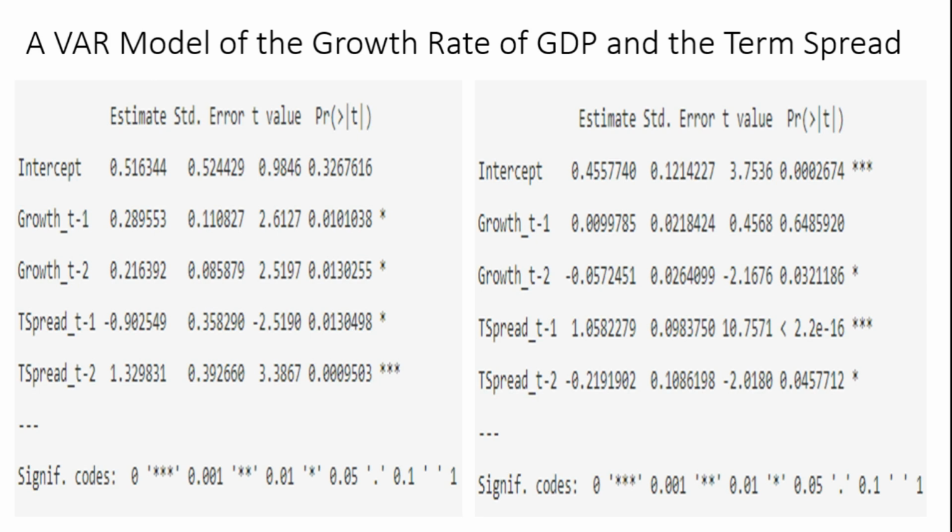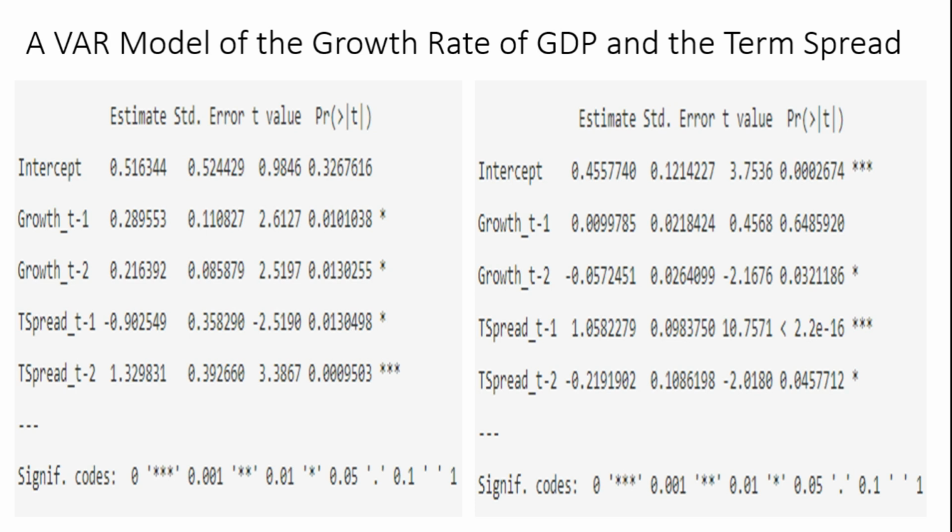Which means that after an action in term spread, we will wait 2 periods, which is half a year, in order to see a reaction of GDP growth, if you take a significance level of 1% or 5% as well.